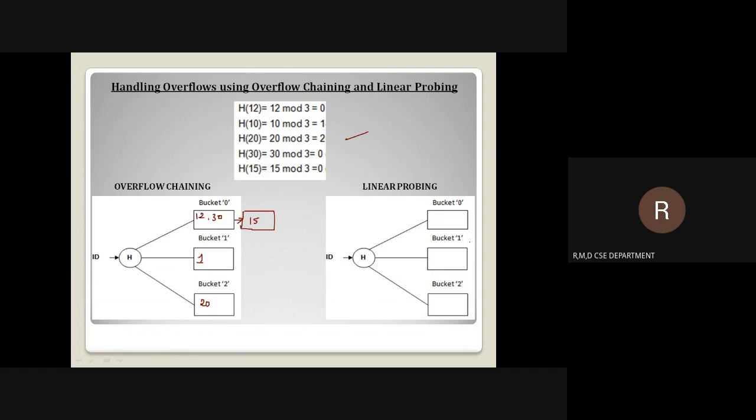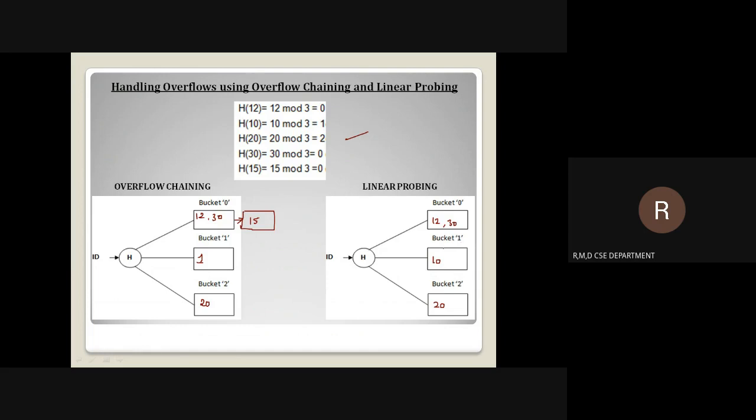So first, the hash function for the record with ID 12 goes to bucket 0, right? So 12 goes here, then 10 goes to bucket number 1, 20 goes to bucket number 2, and 30 goes to bucket number 0 again, and 15 goes to bucket number 0.